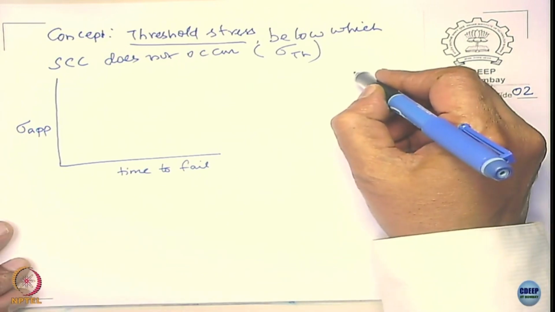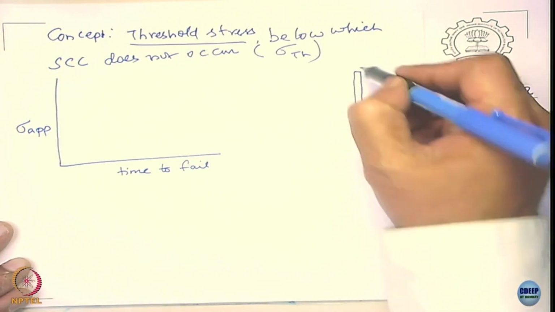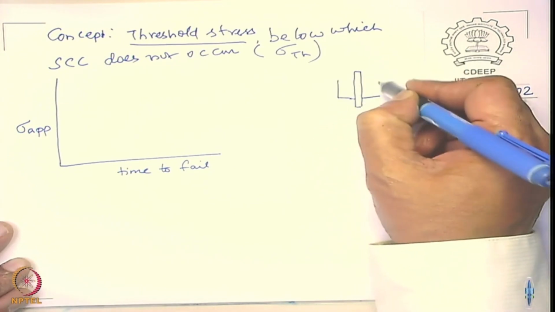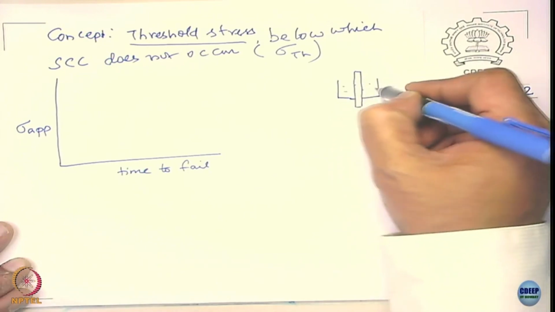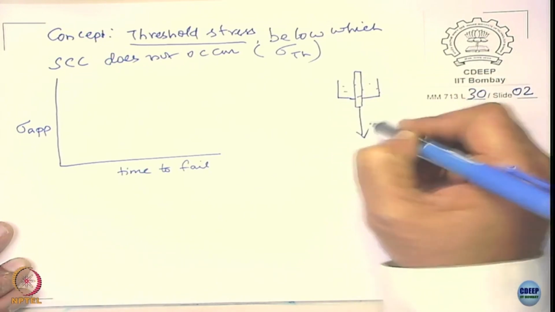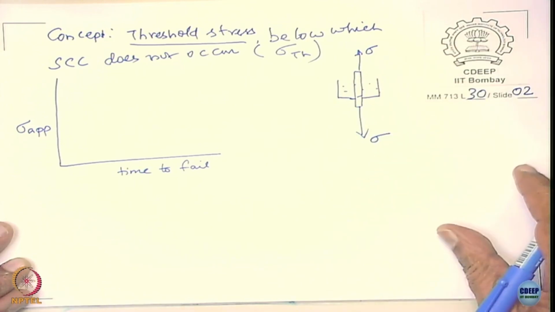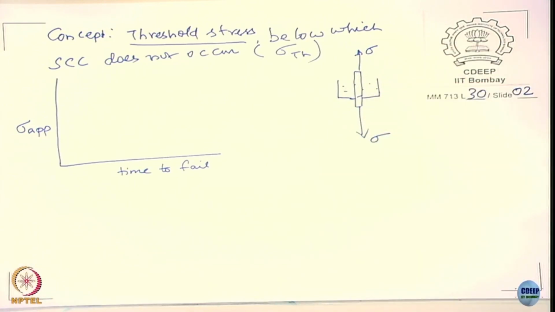I can take a tensile sample and I enclose it in the cell. I can take the environment here, I can apply stress on the sample, right. This is the environment here, and I can find out the time to failure, simple test, okay, you can do.